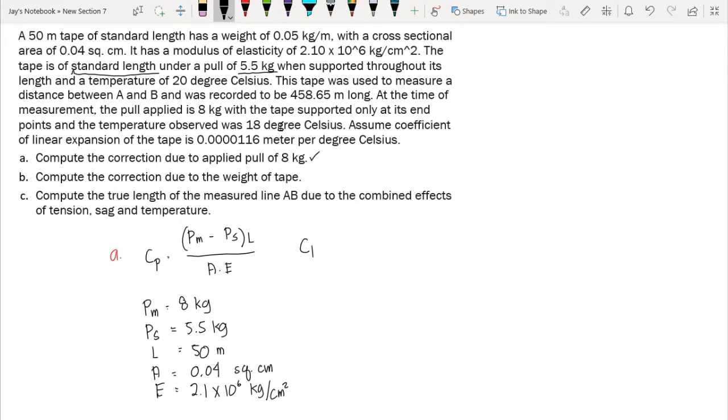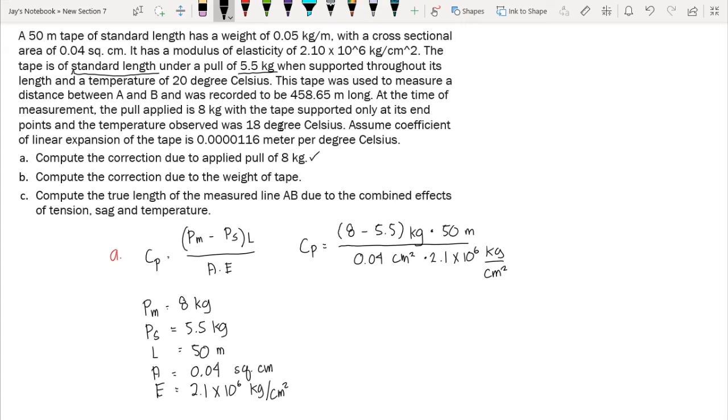So we have correction due to pull is equal to measured pull, which is 8 kg, minus the standard pull, which is 5.5 kg. And the unit of this one is in kilogram, times the length. Our length here is 50 meters, over the cross-sectional area, which is 0.04 square centimeter, times the modulus of elasticity, 2.1 times 10 raised to the 6, the unit is in kilogram per square centimeter.